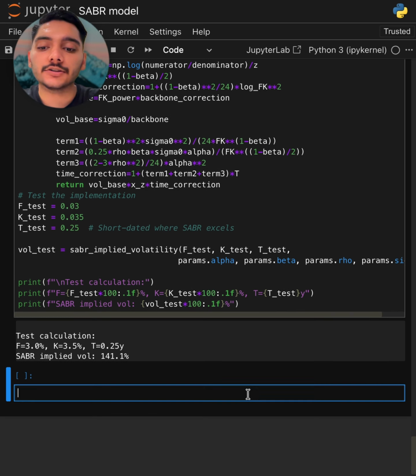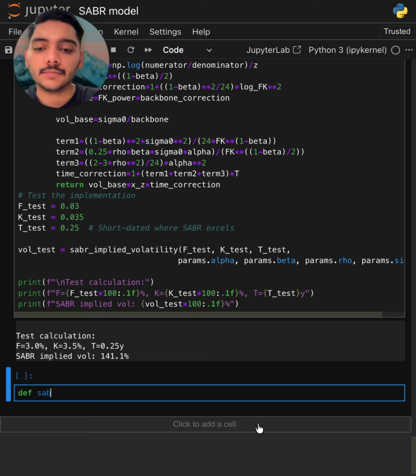So let me first define the function. It will be something like def SABR option price.